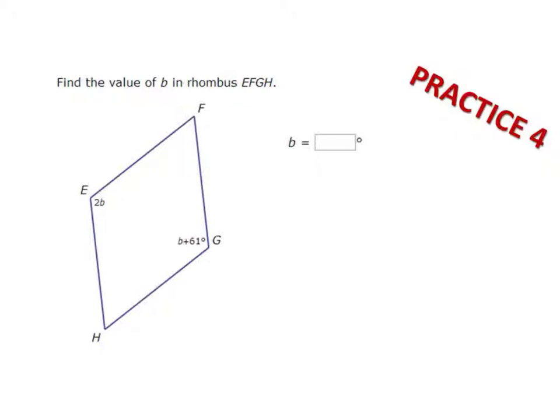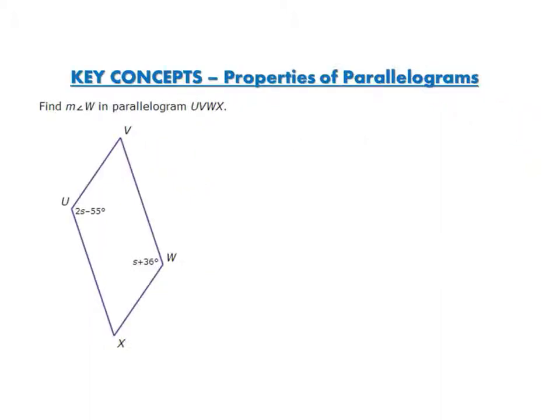Your practice problem is to find the value of B in rhombus EFGH. This problem is asking me to find the measurement of angle W. So I not only have to find the value of S, I have to find the measurement of that angle. So I have opposite angles, so they're congruent.